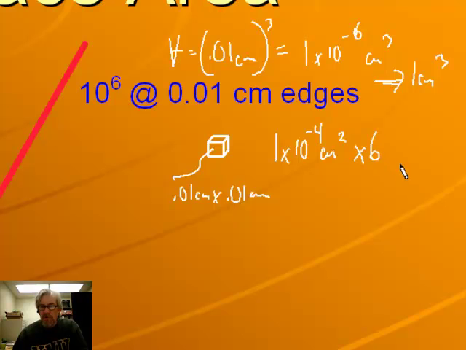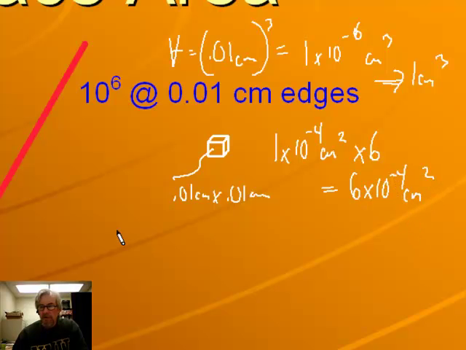Now let's look at the difference in surface area. Each face of one of these little cubes is going to be 0.01 centimeters by 0.01 centimeters. So that's 1 times 10 to the minus 4th square centimeters per face. And there's 6 faces, just like there is for the big cube. So this means 6 times 10 to the negative 4th square centimeters per cube.